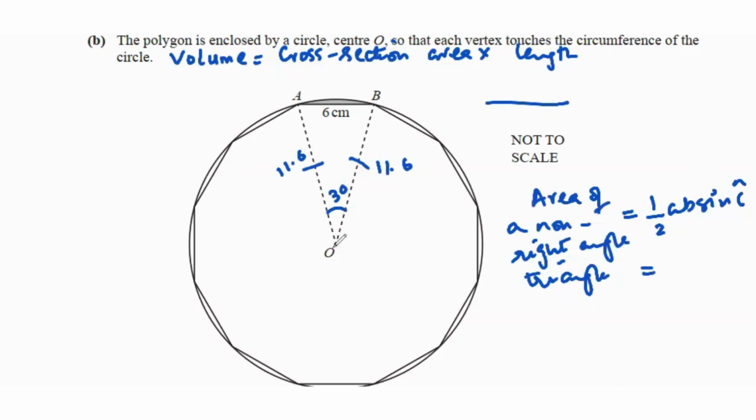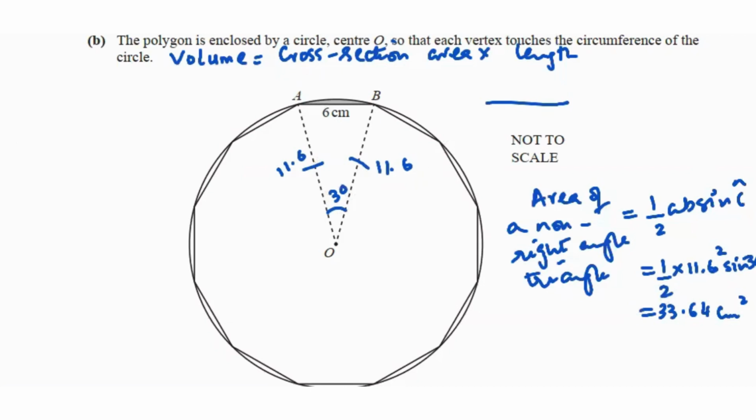We have length OA, OB, and the angle between them is 30. So 1 over 2 times 11.6 squared times sine of 30. This is going to give us 33.64 centimeters squared as the area of one triangle, the triangle AOB.